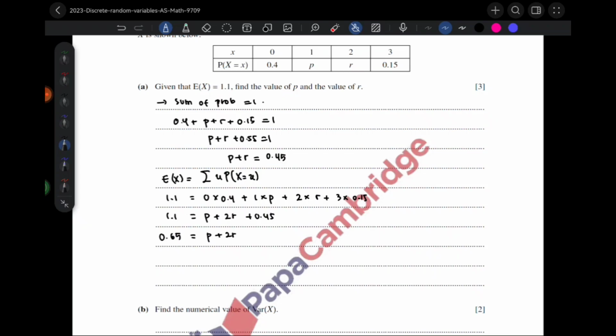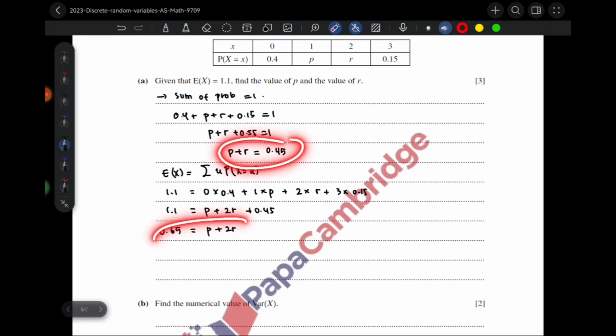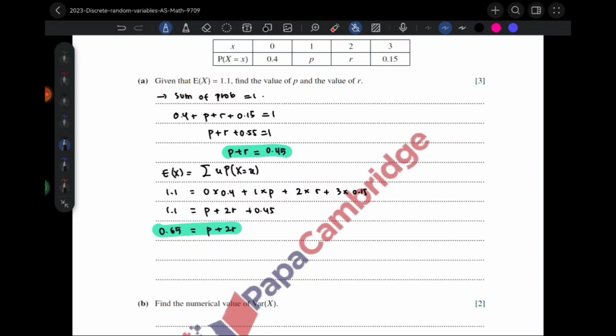And then we use these two equations and solve them simultaneously. p plus r equals 0.45, p plus 2r equals 0.65. Subtracting, we have r equals 0.2.